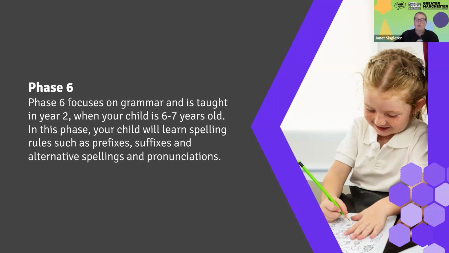So phase 6 focuses on grammar and is taught in year 2, so when your child is roughly 6-7 years of age. And in this phase, your child will learn the spelling rules such as prefixes, suffixes, and also alternative spellings and pronunciation. So that's when they're learning about the words that we've just been talking about.